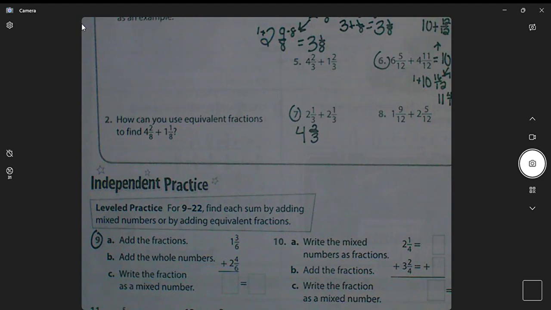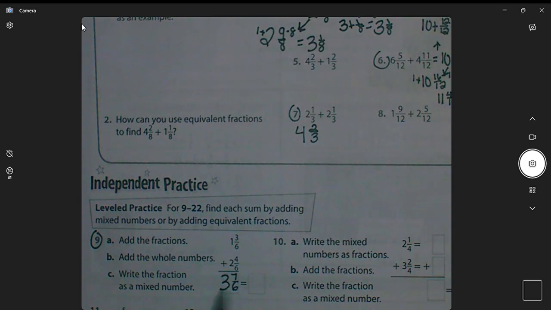We can do that. 3/6 plus 4/6 is how many? You're right. 7/6. Good job. 1 plus 2? Way to go. It's 3.